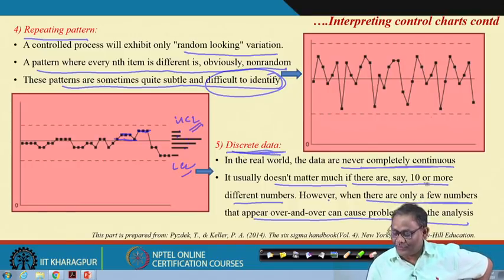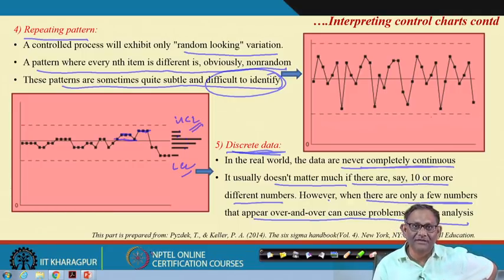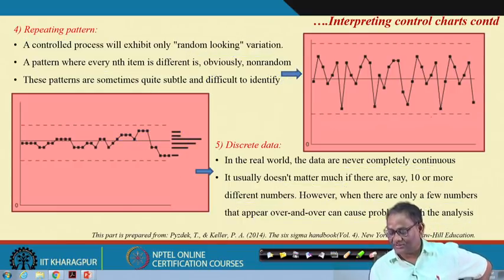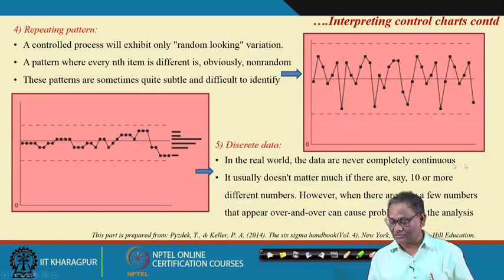So that is why the recommended one is that the data should have at least 10 or more different values it should assume. Okay. So, this is the way to understand the control chart.